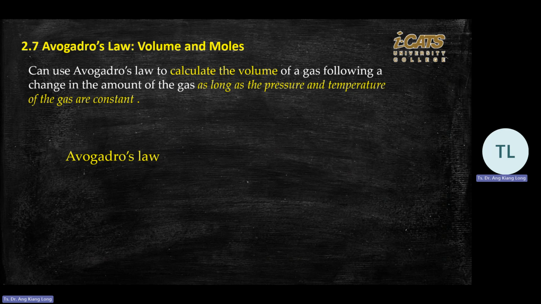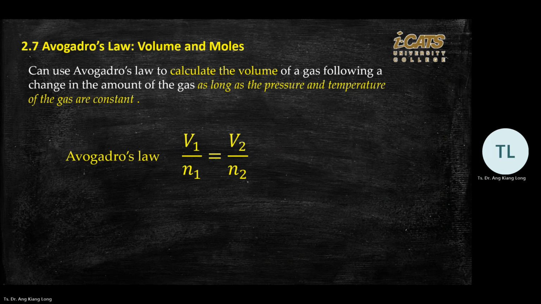If the pressure and temperature are not constant, like what you learned in Boyle's law, Charles' law, in combined gas law, then you use combined gas law. If you are given different temperature and pressure, then you use combined law. If you see the question mention pressure, temperature constant, it forces you to use Avogadro law.